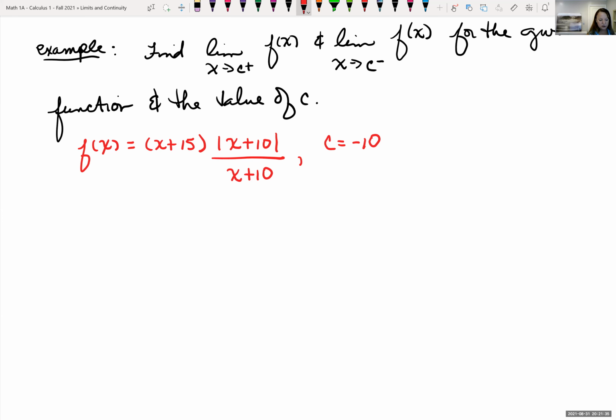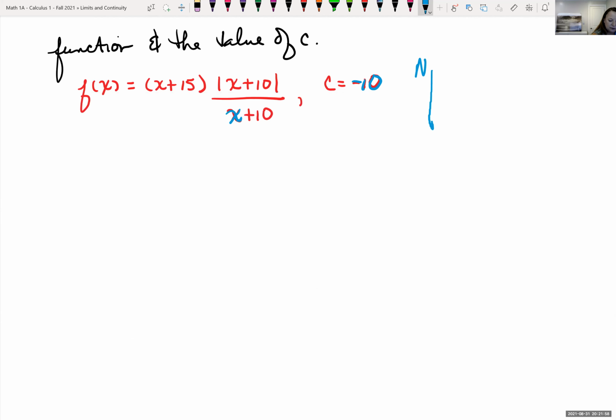So right away, I notice right here that negative 10 is not part of our domain, right? Because if I plug in negative 10, wherever I see an x, I'm going to have that denominator equal 0. But that doesn't mean that the limit doesn't exist.